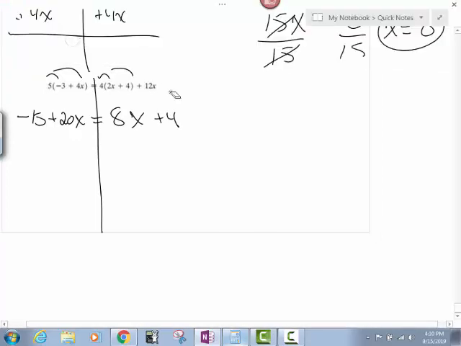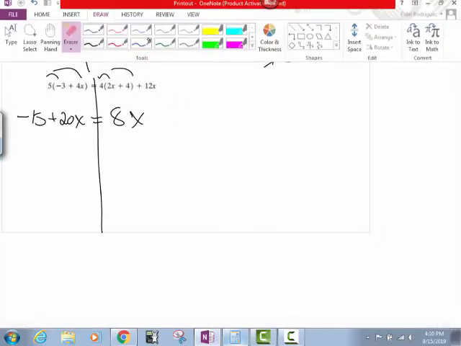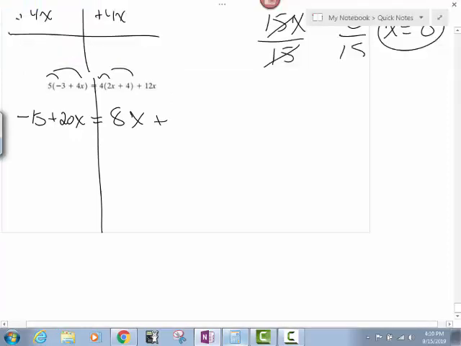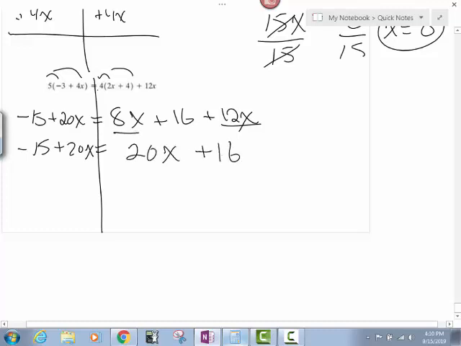That was my mistake right there, guys. Plus 4 times 4 is 16 plus 12x. Okay. So on the left side, still got negative 15 plus 20x equals. Here we can combine. 8 and 12 is going to give us 20x plus 16.